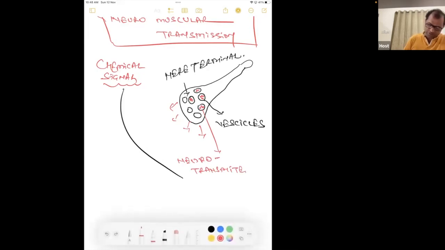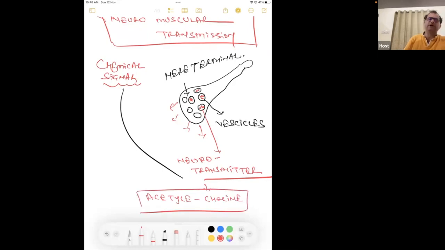The meaning of neurotransmitter is that which passes the message in the form of a chemical. The neurotransmitter found in the nerve ending is acetylcholine. It's a very important neurotransmitter. If it decreases, we will not be able to perform muscle movement. So in the vesicles, there is acetylcholine.